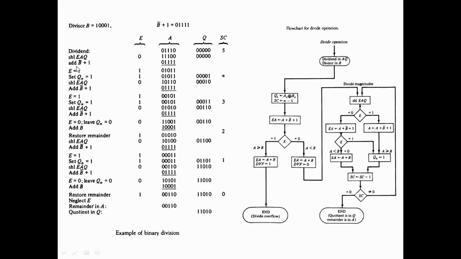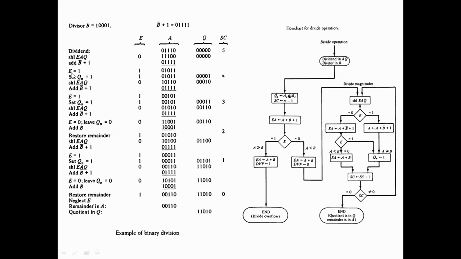So A minus B is same as adding 2's complement of B. So I add this 2's complement of B to A here. If we do an addition, we get this thing with a carry which comes here.